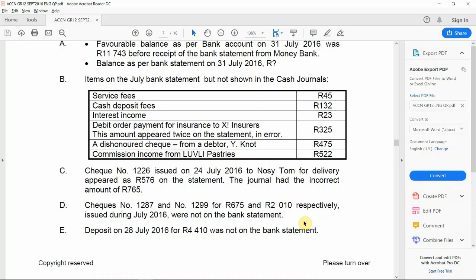Okay, so moving on to number E, the deposit on 28 July 2016 for 4410 was not on the bank statement. So therefore we will have to add it on our equivalent of the bank statement, which is the bank recon statement. And we know we credit outstanding deposits.